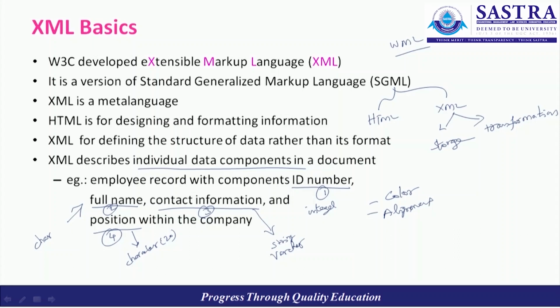The employee document which has ID number, full name, contact information, position, which are in the form of text. So XML is actually a lightweight tool, so that it can hold all the content in the form of text only. It is the advantage of XML, extensible markup language.